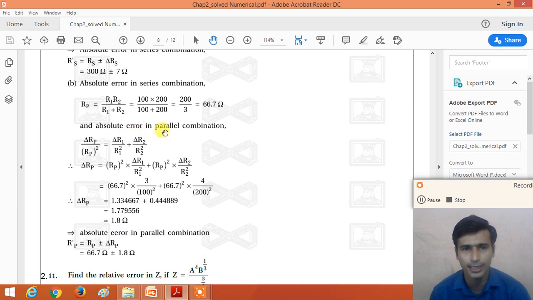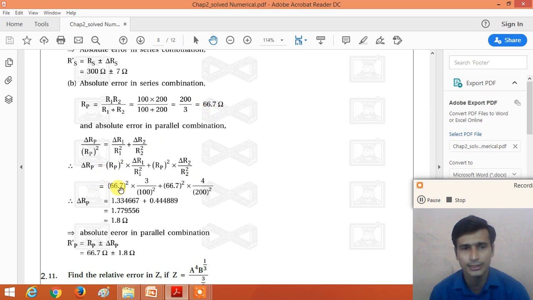So the absolute error in a parallel combination is delta Rp divided by Rp square is equal to delta R1 by R1 square plus delta R2 by R2 square. We take this Rp square on the other side, right? Delta Rp is equal to Rp square multiplied by delta R1 by R1 square plus Rp square multiplied by delta R2 by R2 square. The true value of Rp is 66.7 ohm.